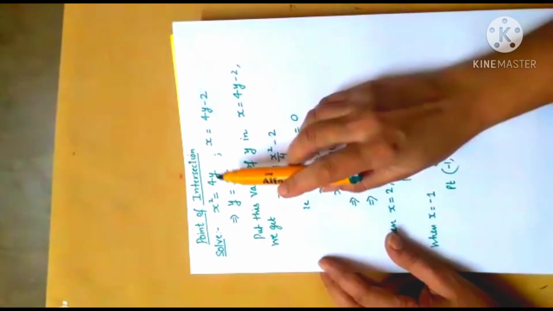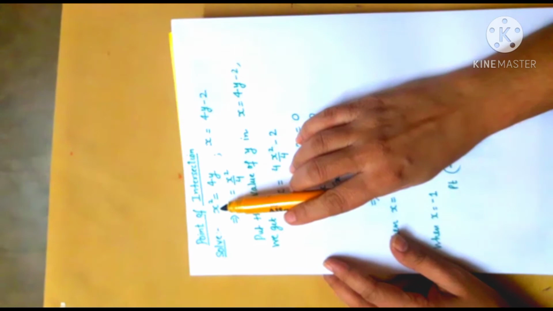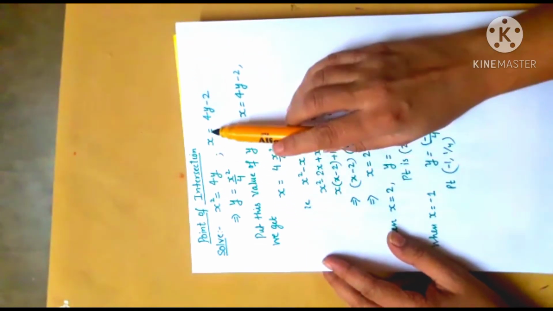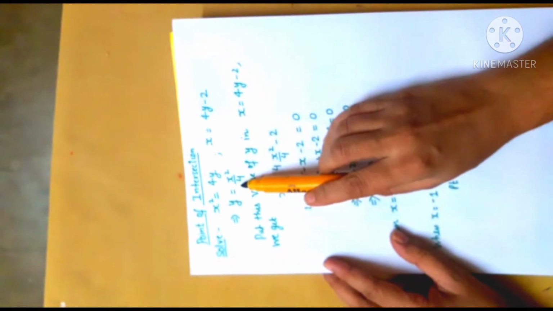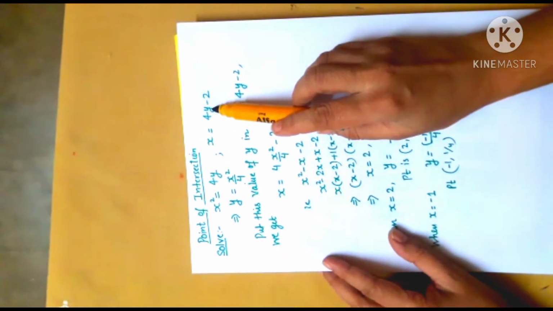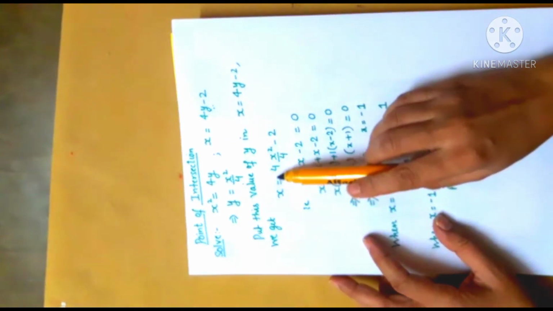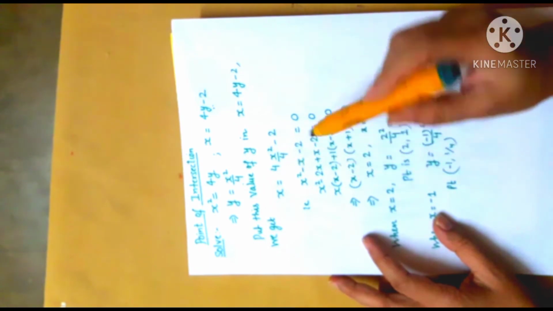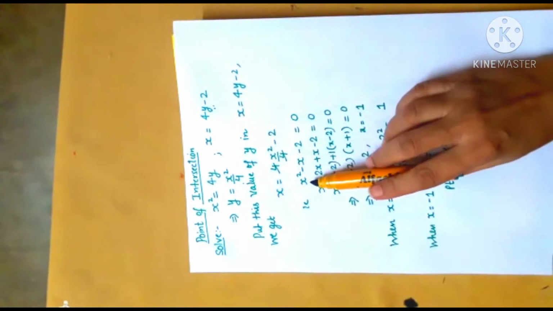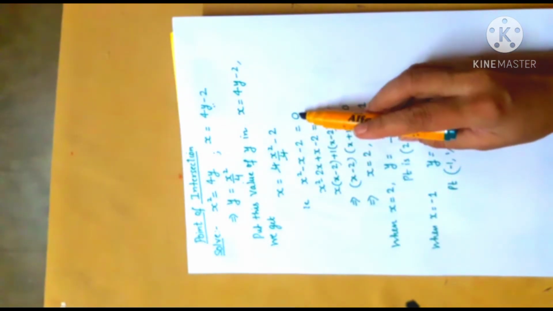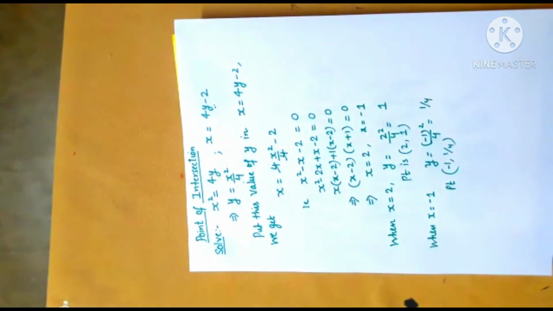To get the point of intersection, I'll solve x square equal to 4y and x equal to 4y minus 2. From here, y is x square by 4. I'll put this value of y in the equation of the line. I'll get x equals 4 into x square over 4 minus 2. This will get cancelled out. So I'll get x square minus x minus 2 equals 0, which is a quadratic equation.